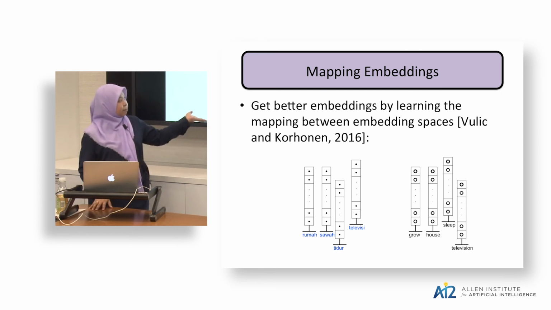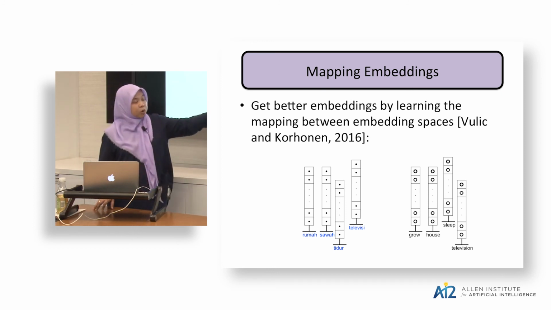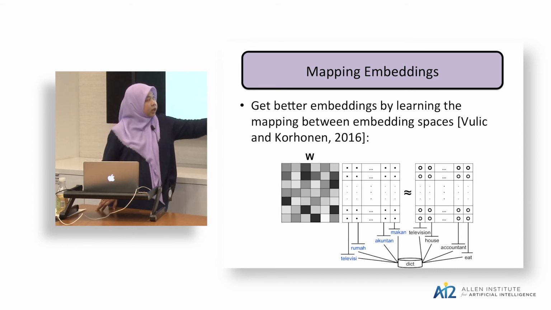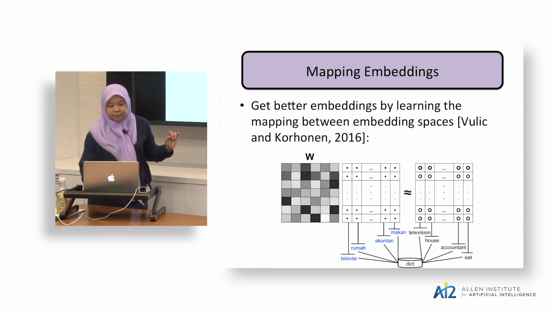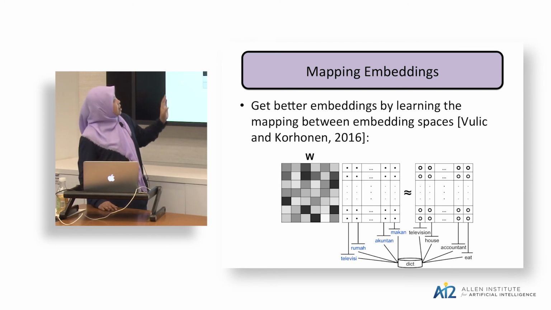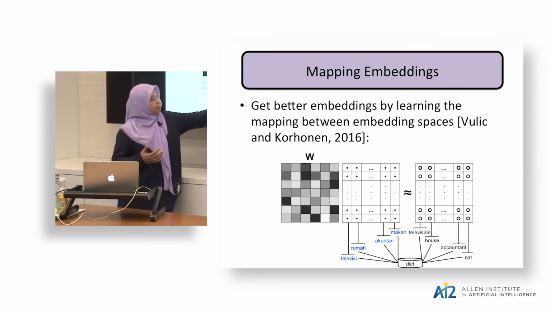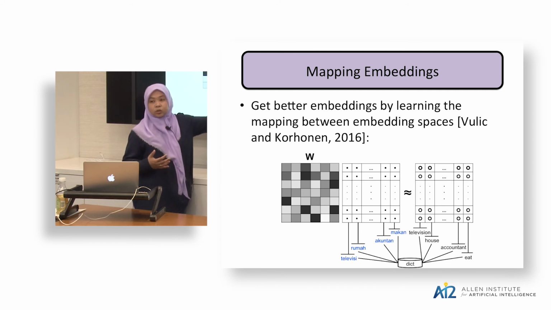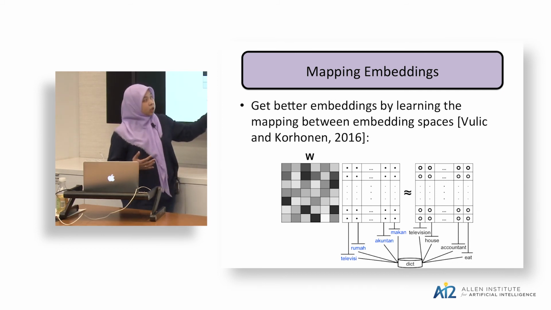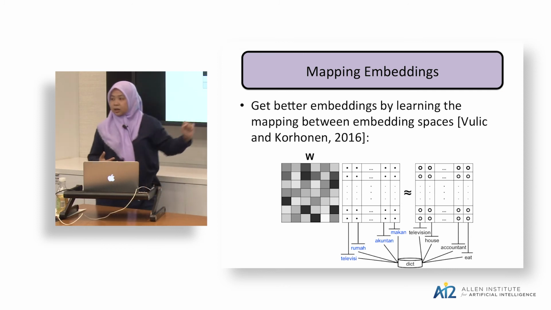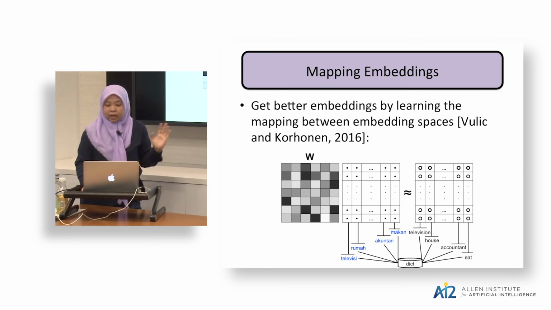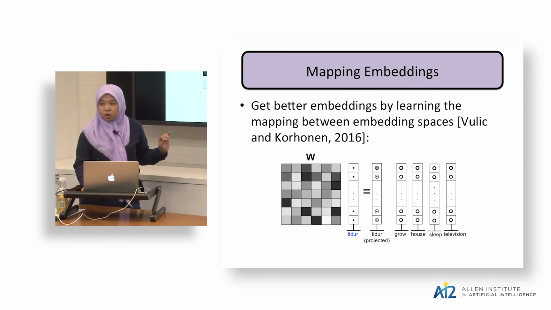And we can get better embeddings by actually learning the projected mapping from Indonesian to English, for example. The idea of this, and of a lot of work in this space, is that we can learn a mapping, for example W, to map this monolingually trained word vector in Indonesian to the English space. We can do a linear mapping or a nonlinear mapping, learning W using a neural network, for example.